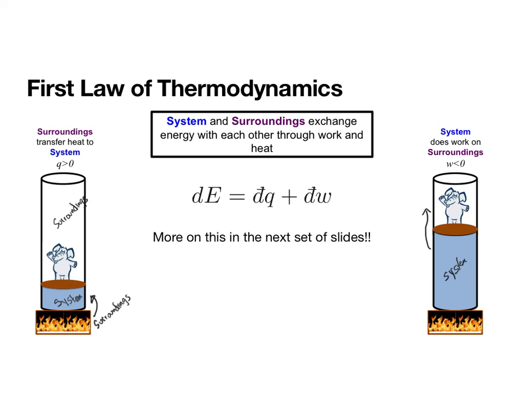And that means that the system is doing work on the surroundings. And we're going to go more in depth into how do we know which way the work and the heat are going. And we're going to go more into what this dE equals dQ plus dW and how we quantify this heat and energy transfer between the system and the surroundings.